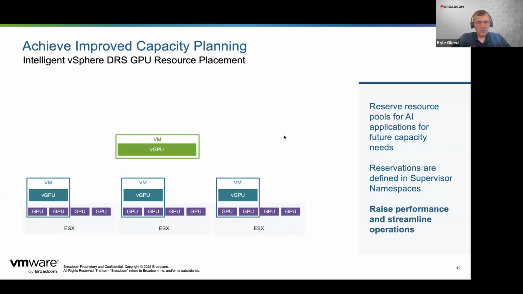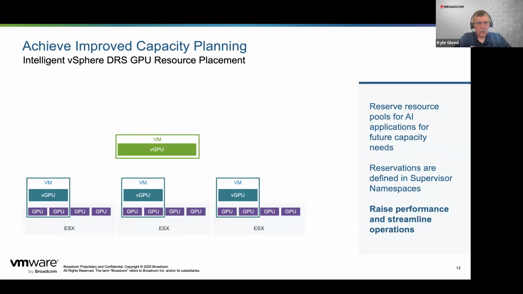Along with what we've talked about so far, we also have the ability to set reservations for these workloads with GPUs. In this slide, you'll see an example where we have some ESXi hosts with GPUs, and we have VMs deployed on those 3 hosts, and now we have a new workload coming in, but there's no room for that.